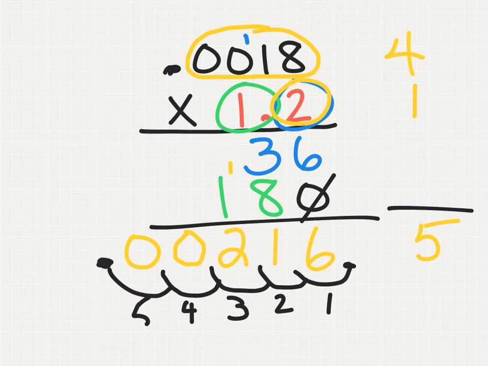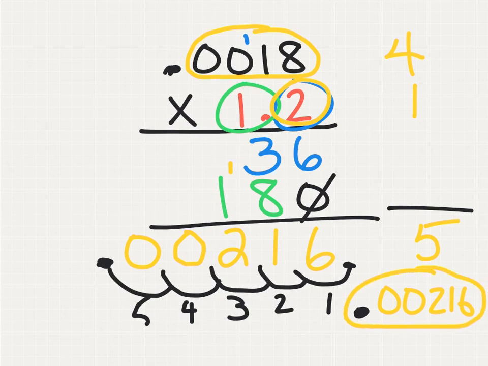So that my solution is 0.00216. 0.0018, or 18 ten-thousandths, times 1.2, or 1 2/10, gives me a solution of 216 hundred-thousandths.